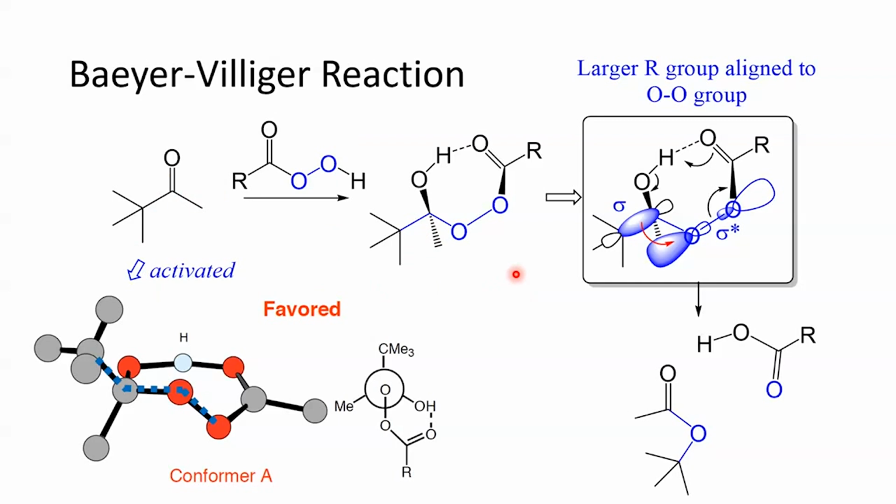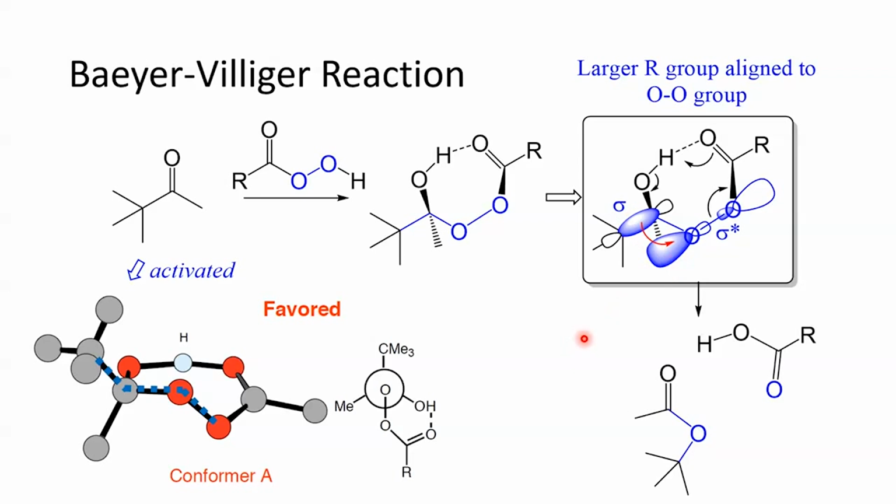If we look at the favoured conformer of this transition state, we see that the larger, bulkier tert-butyl group aligns in antiplanar conformation to the newly formed epoxide group. Given this oxygen-oxygen bond is going to break, we can draw out the anti-bonding orbitals, and the sigma anti-bonding orbital is directly adjacent to the sigma bonding orbital of the tert-butyl group. So delocalization is going to occur like so.